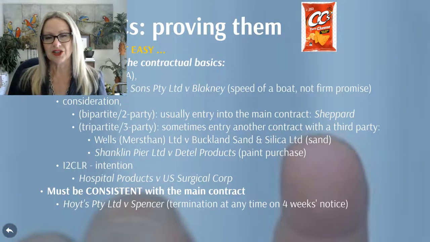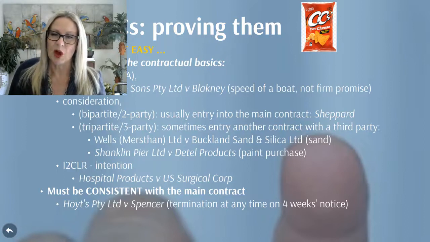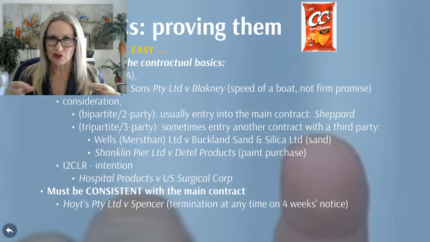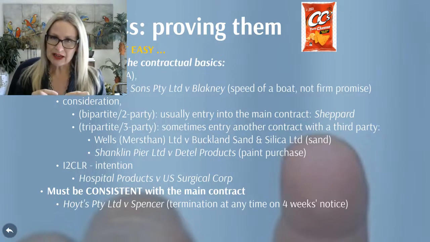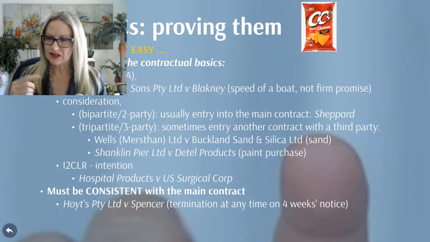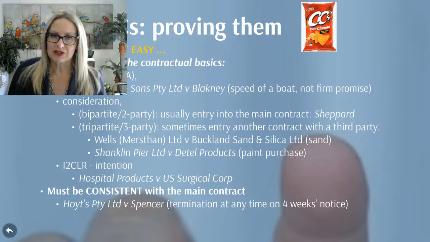So in the Shanklin Pier case, I'll just choose that as an example, you had a pier company that was running a pier, so you know those long jetties by the seaside, needed repainting, and the producer of certain paint convinced the pier company to stipulate in its contracts, its tenders that it tendered out to all of the painters, that this particular kind of paint should be used when these painters were quoting up, you know, whether they would do the job.